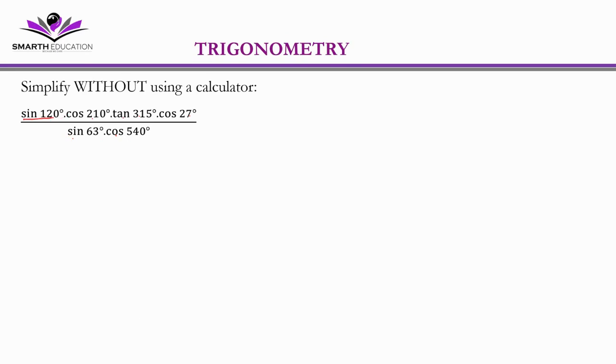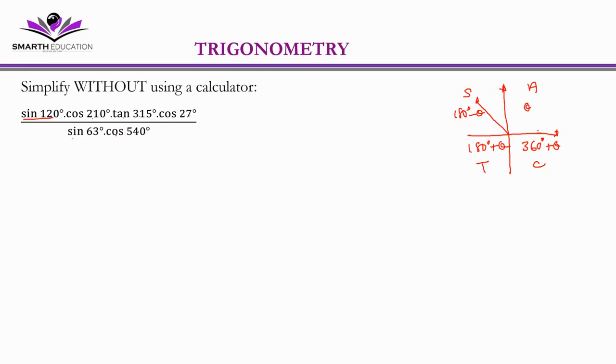So sine 120. This is the reduction formula. Where do we find the angle 120 degrees? It is in the second quadrant. Remember the CAST diagram. Here is theta, 180 degrees minus theta, 180 degrees plus theta.